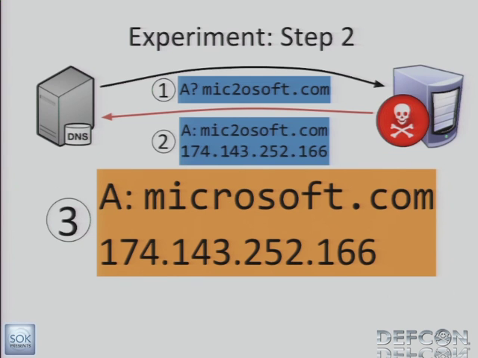Therefore, we will also send it back a second reply for the original domain we expected it to be. And the reason we do this is because if it's expecting a reply for Microsoft.com, it will discard the reply for mic20soft.com, but silently accept the Microsoft one. If it did indeed query mic20soft.com, it'll accept that reply, but discard the Microsoft reply.